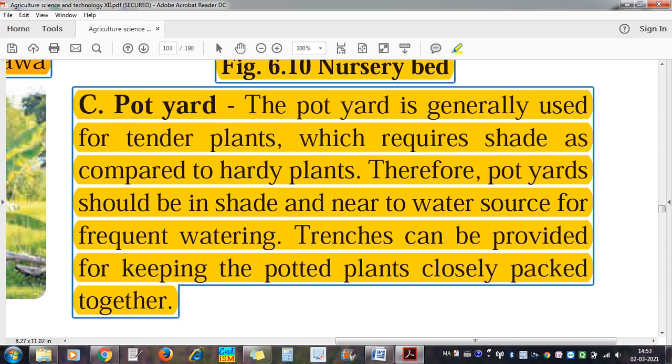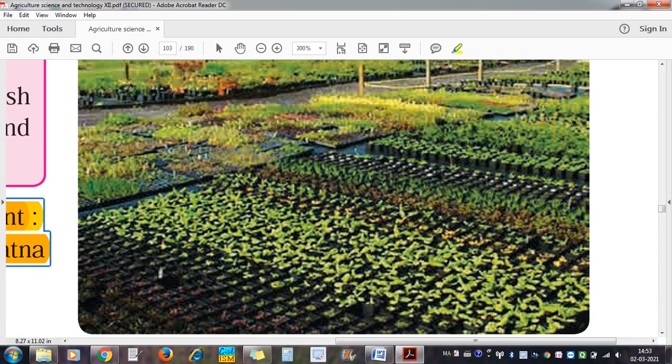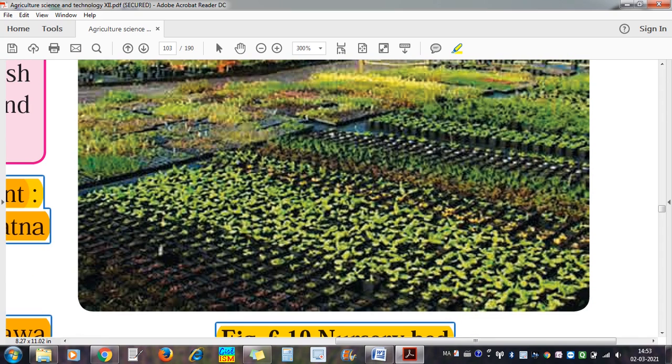Trenches also can be provided for keeping the potted plants closely packed together. You can have a look at this photograph. These are the pots kept, and in this trench area that is kept open, the excess water may go away from that area.